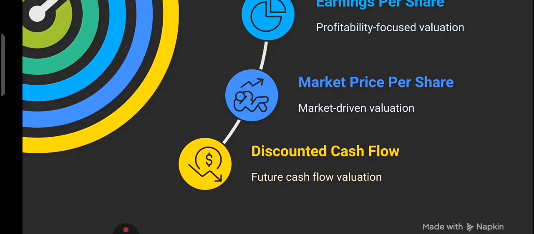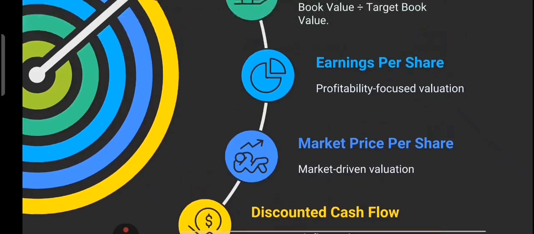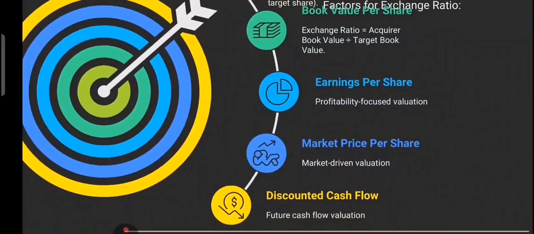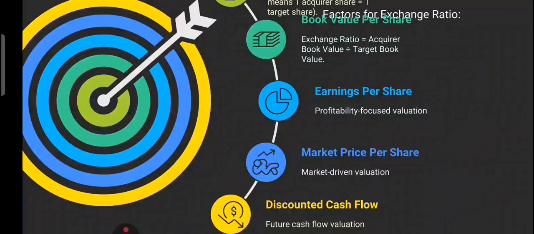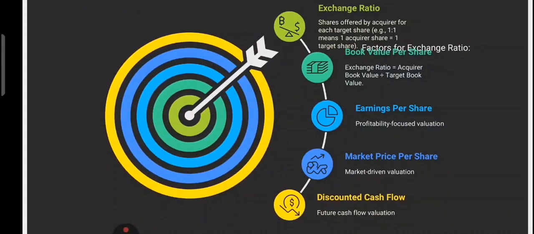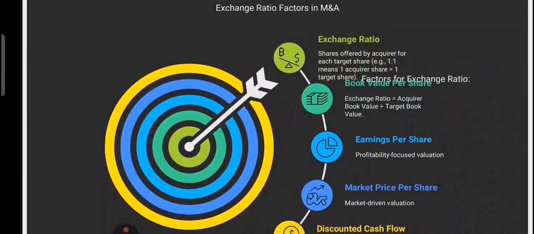It estimates future cash flow, giving us a forward looking value. Together these are the factors: book value per share, earning per share, market price per share, discounted cash flow. These factors ensure that the exchange ratio is not just fair but strategically sound, maximizing value for both acquirer and target shareholders. That is called the exchange ratio factor in merger and acquisition.